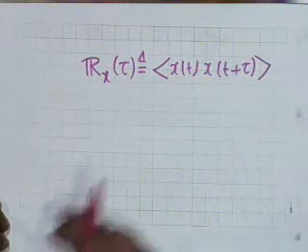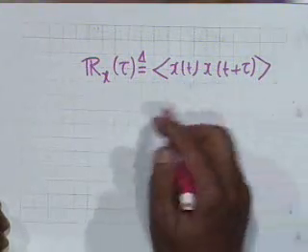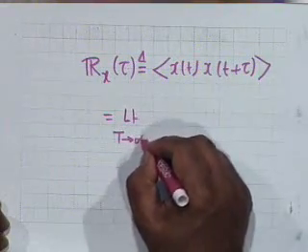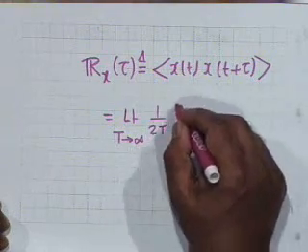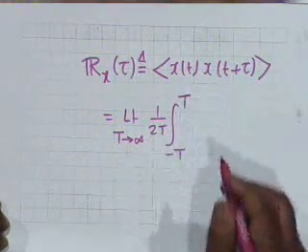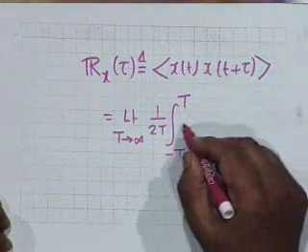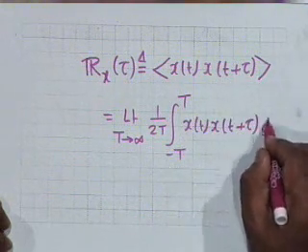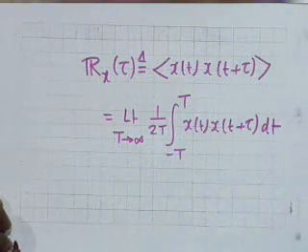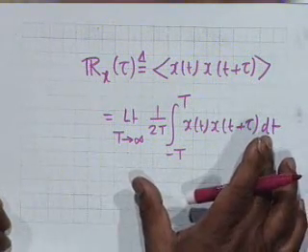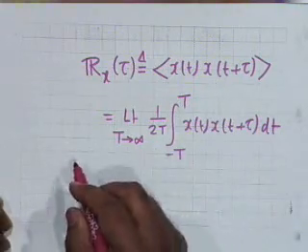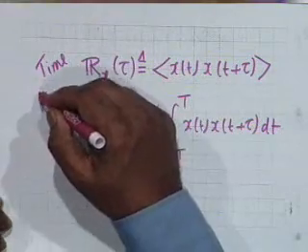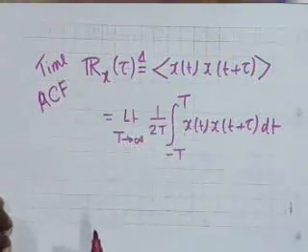If I write it completely, it is the limit as T tends to infinity of 1 by 2T, integral from minus T to plus T, x of t times x of t plus tau dt. This is the time average of the product. This is called the time autocorrelation function, or simply TCF.